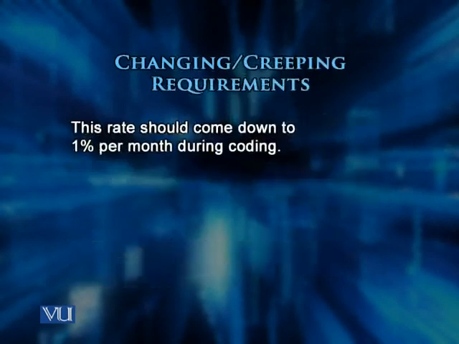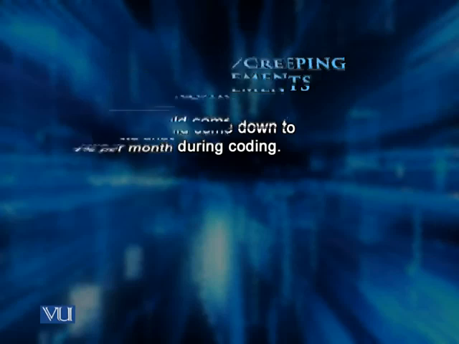During coding it should be 1%, and during testing it should be 0. And that is for one iteration, because most of the software development now is done using iterative software engineering process models. So requirements will change. We have to learn to live with it. We have to learn to manage it.